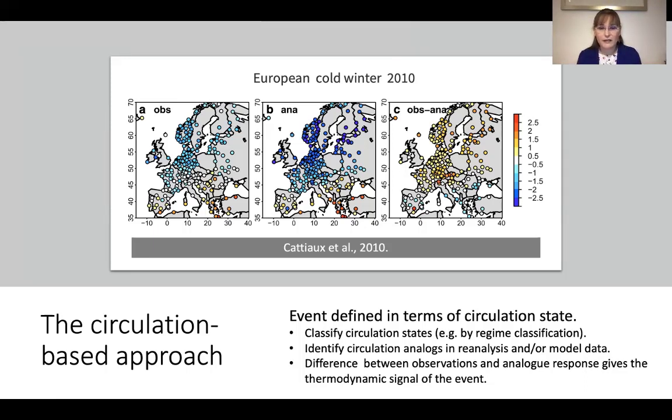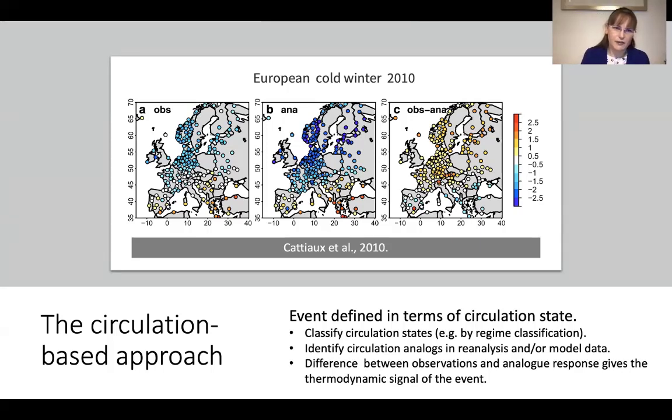They've classified the circulation states by using a regime classification, and then identified from the reanalysis data or model data when they have circulation that is similar to the circulation patterns from the regime classification, by a clustering analysis, and look at what the difference is in the response.